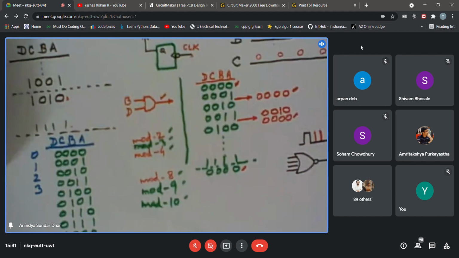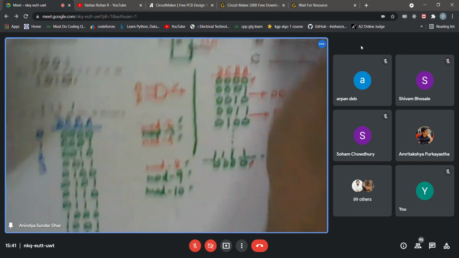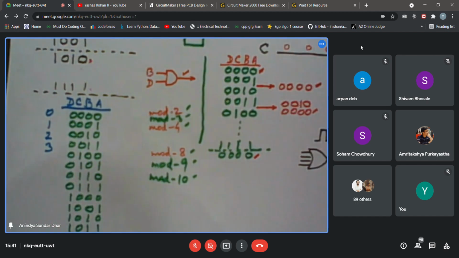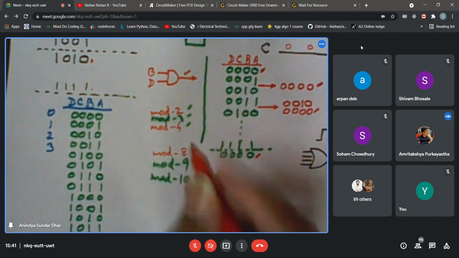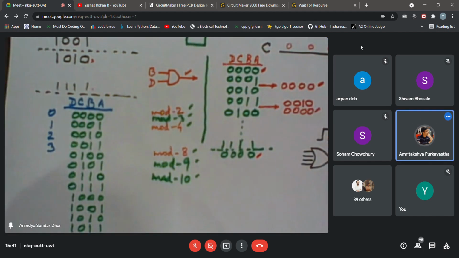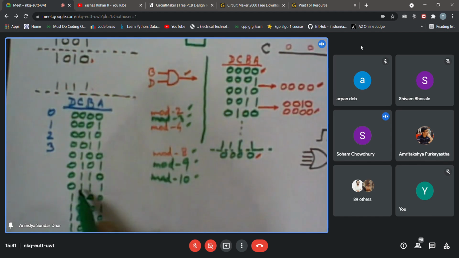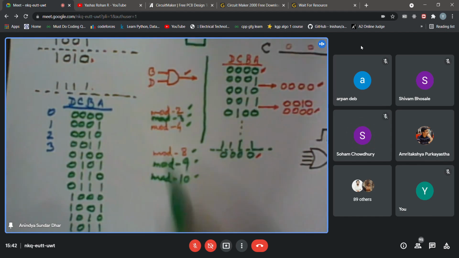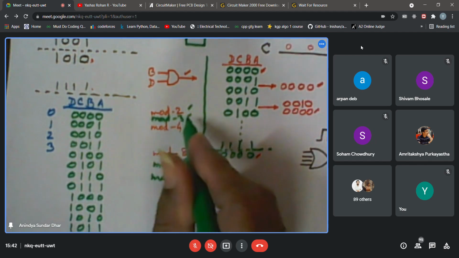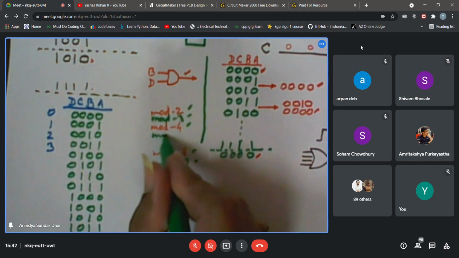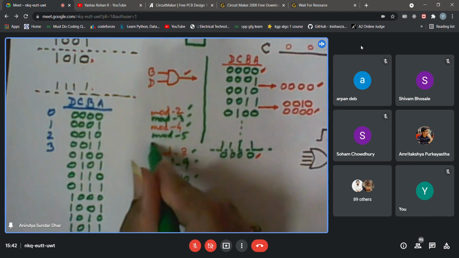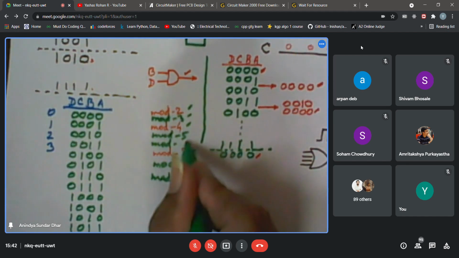What about mod 7? Seven we would require an external gate. Right, 7 you require because 3 bits need to be captured when it reaches 7. So 7 is not possible without adding anything else. So you can have mod 3, mod 5, mod 6, but not mod 7.